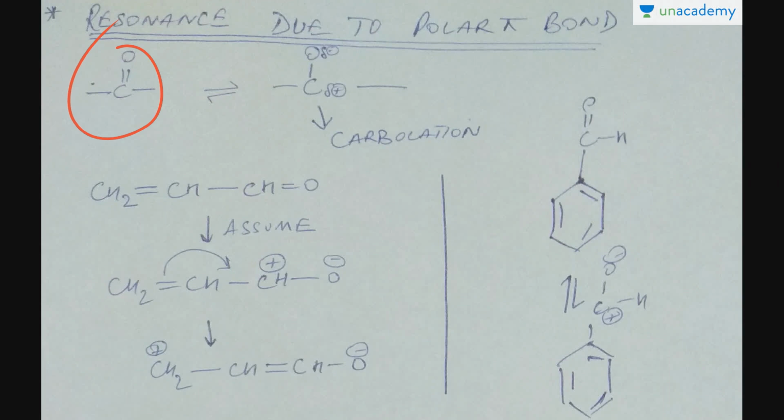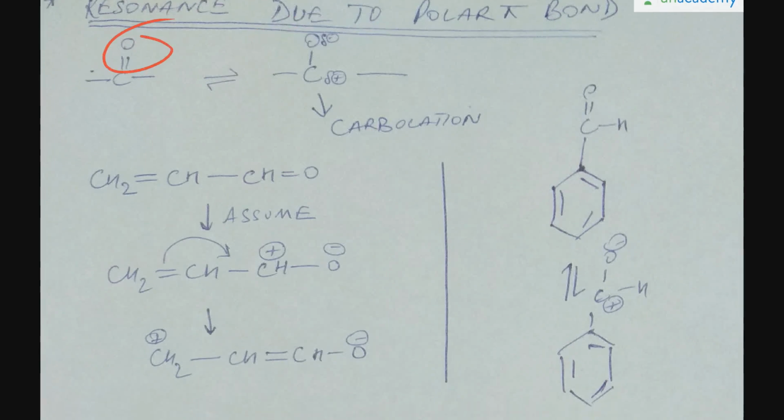Okay, so there is a carbon double bond oxygen. So it is a polar thing because oxygen is more electronegative than carbon, so it will attract electrons more. So we can assume that there is negative charge on oxygen and positive charge on carbon, so a carbocation is created, and if we find a carbocation, then a single bond and then a double bond, we can apply resonance.